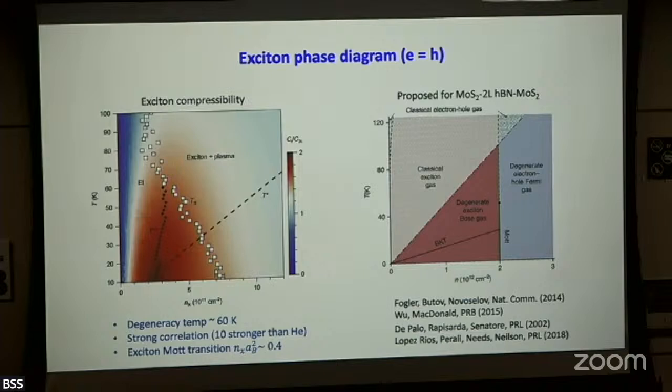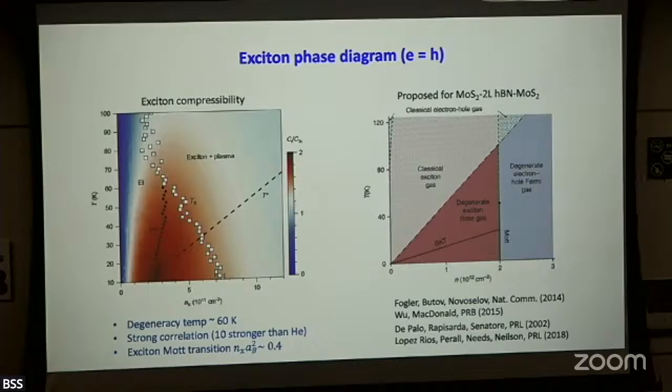So this tells us about the interaction energy between the excitons. The exciton interaction times the density of states is on the order of, is it 5, I think, or 10? You can check that paper, I don't remember that number exactly. We also made an estimate compared to helium, and it turns out to be 10 times bigger than in the case of helium. So this tells us the system can be engineered to be strongly interacting.